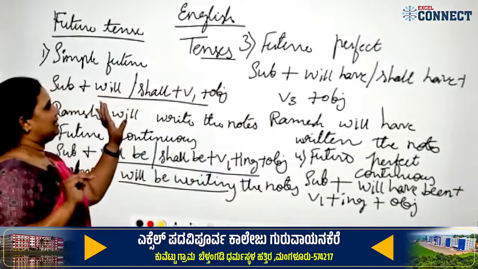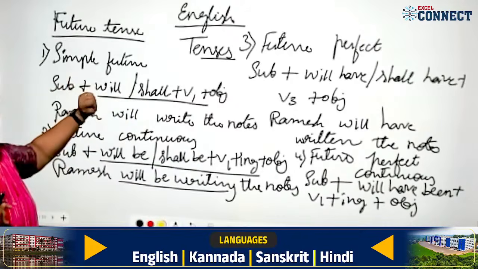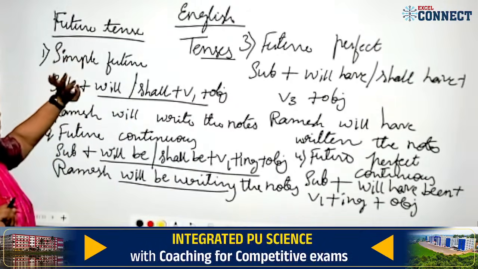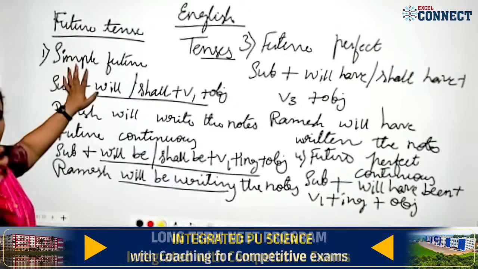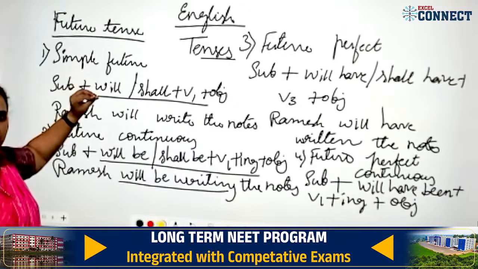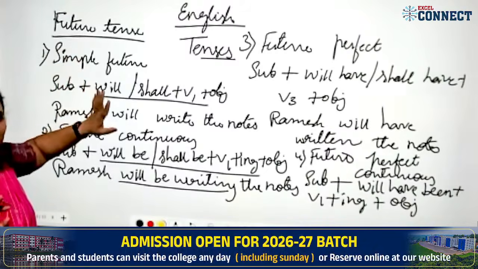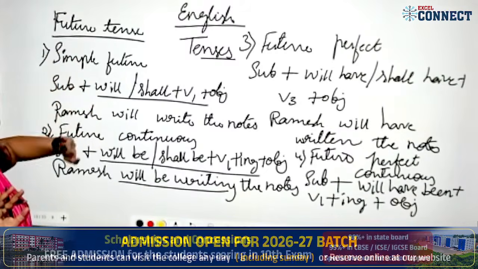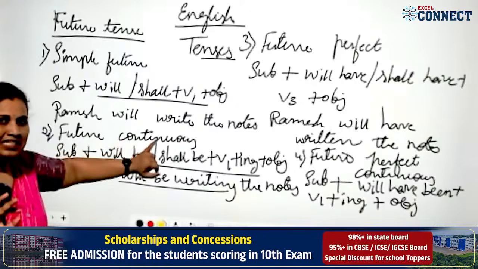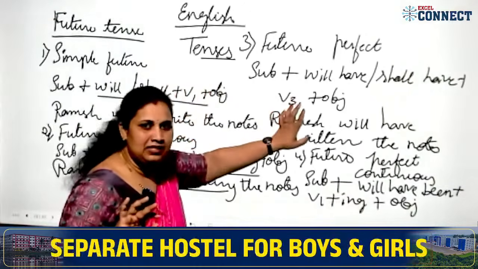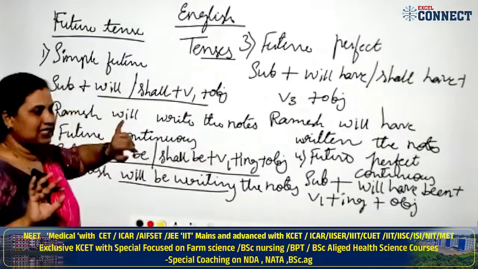So, the present, past and future. This is the third one, future tense, and in this future tense, whatever the action will happen in the next. So, this future tense is also divided into 4: simple future, future continuous tense, future perfect tense and future perfect continuous tense.